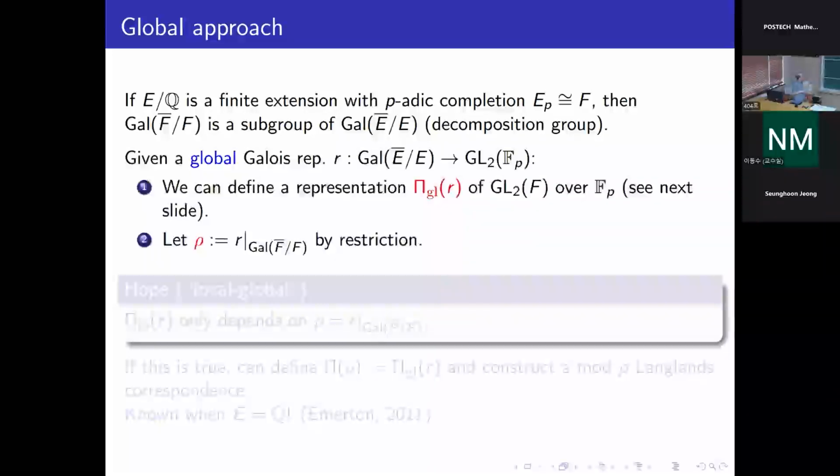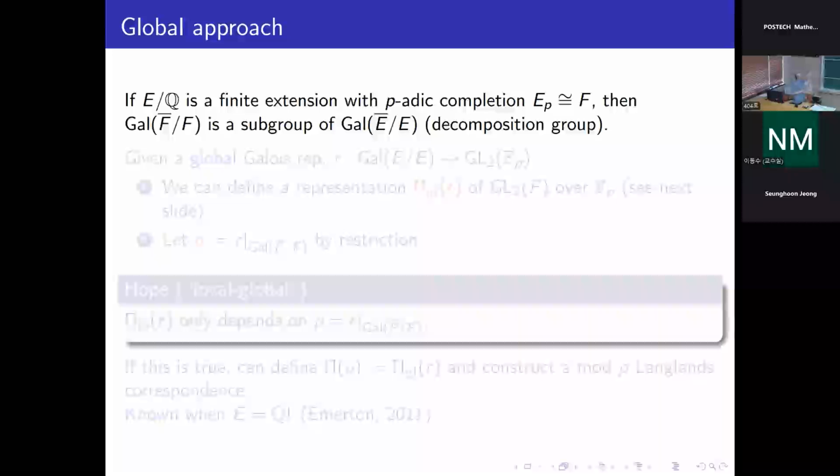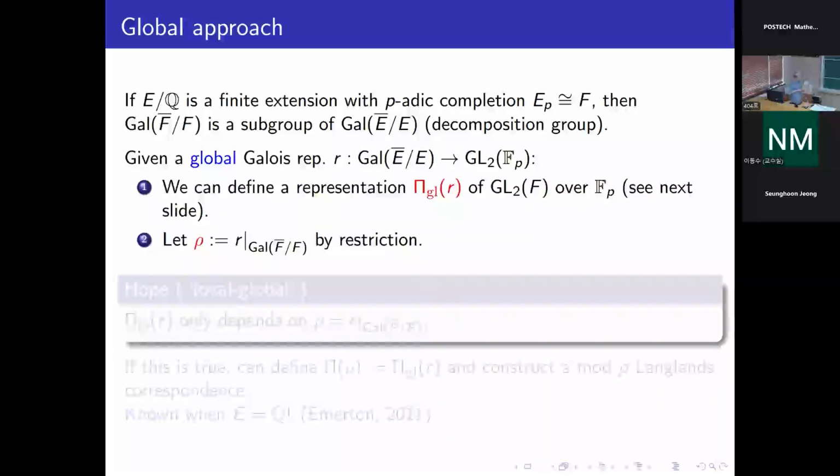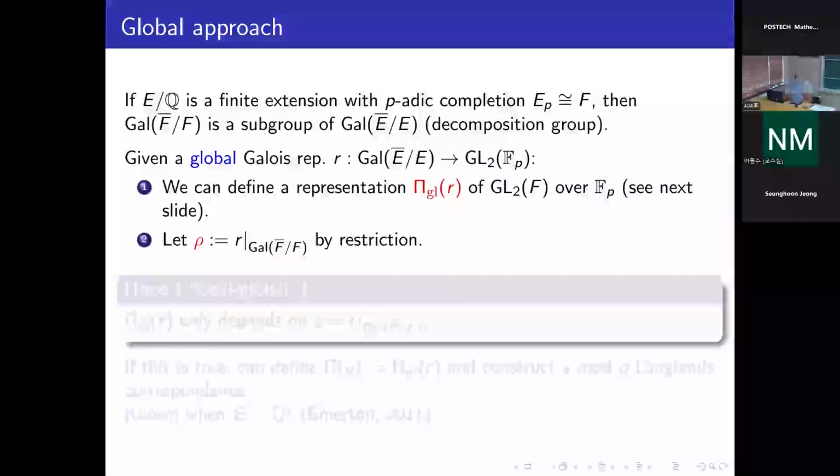If we start in this global setting with a finite extension of Q that I call E, that has a p-adic absolute value with completion F, the p-adic field, then as I mentioned before for the Galois group of Qp, it's just a small subgroup of the Galois group of Q. Something similar happens here. The Galois group of F is a small subgroup of the Galois group of E, a so-called decomposition group.